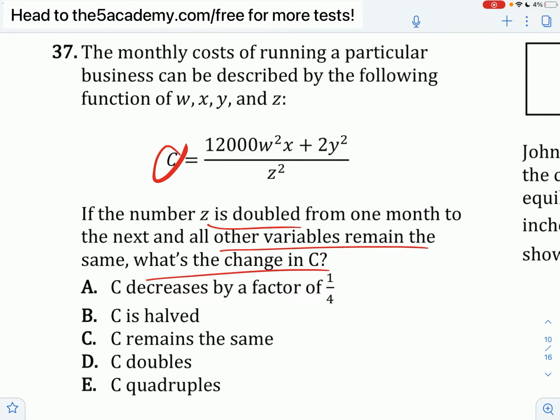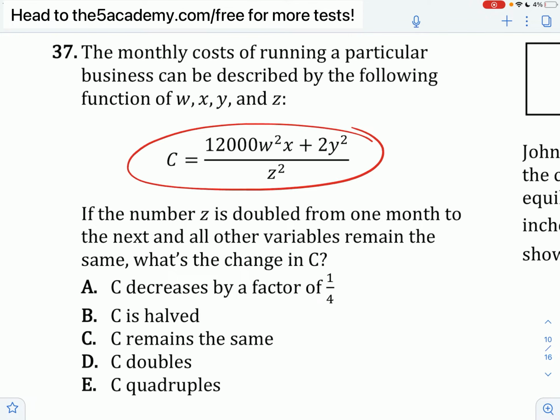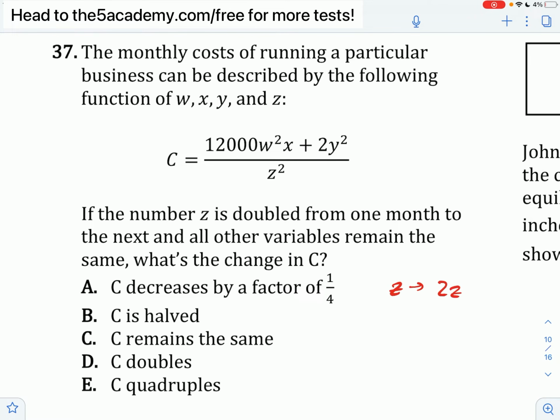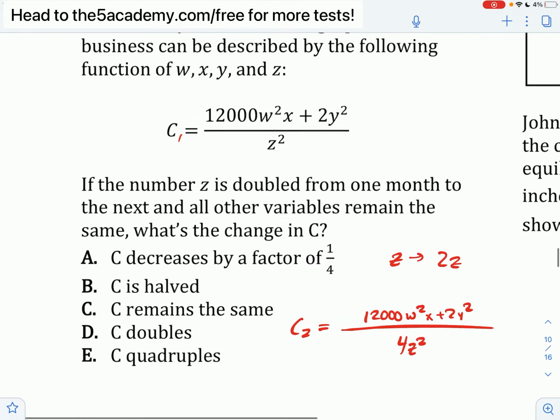Okay, so if I double z, there's a couple ways to do this. You could just take this equation and then have another version where I substitute z with 2z, and then I'll have c2. Let's say this is c1. My new cost, c2, is going to be, the numerator is going to be the same, but the denominator is going to change from z squared to 2z all squared. 2z all squared is really just the same thing as saying 4z squared, right?